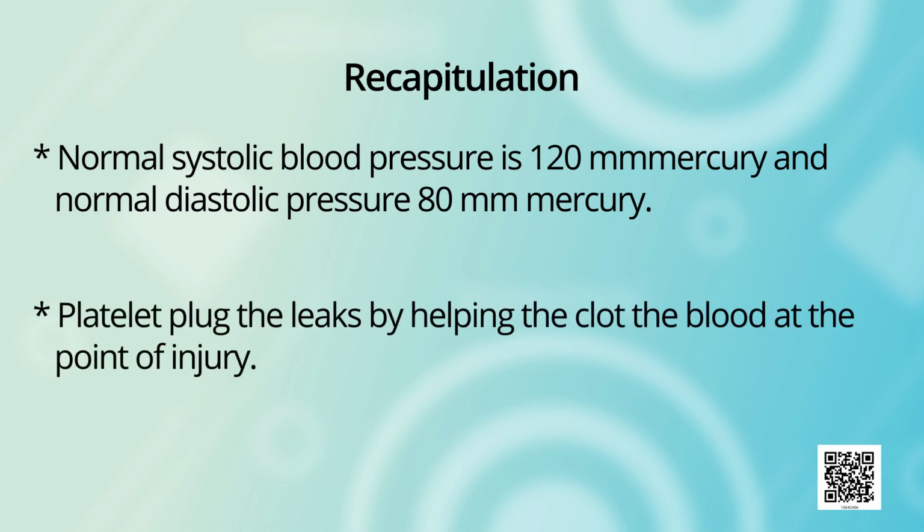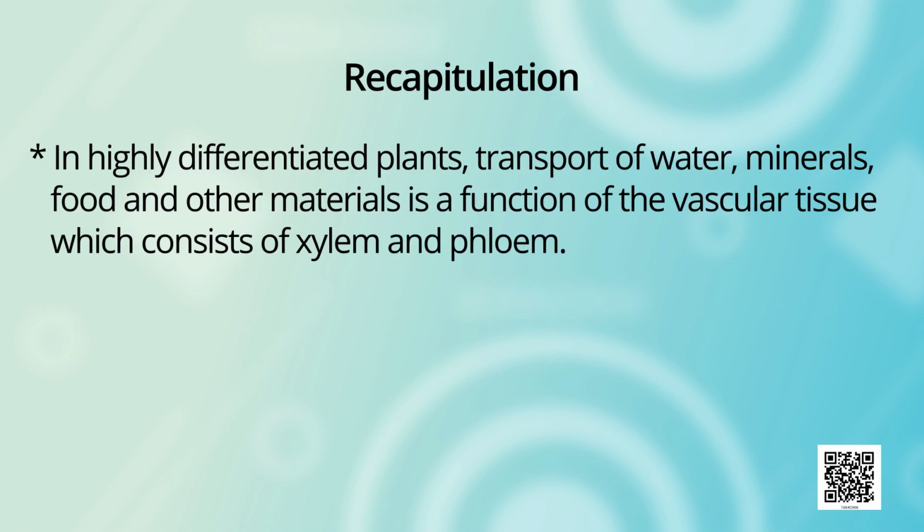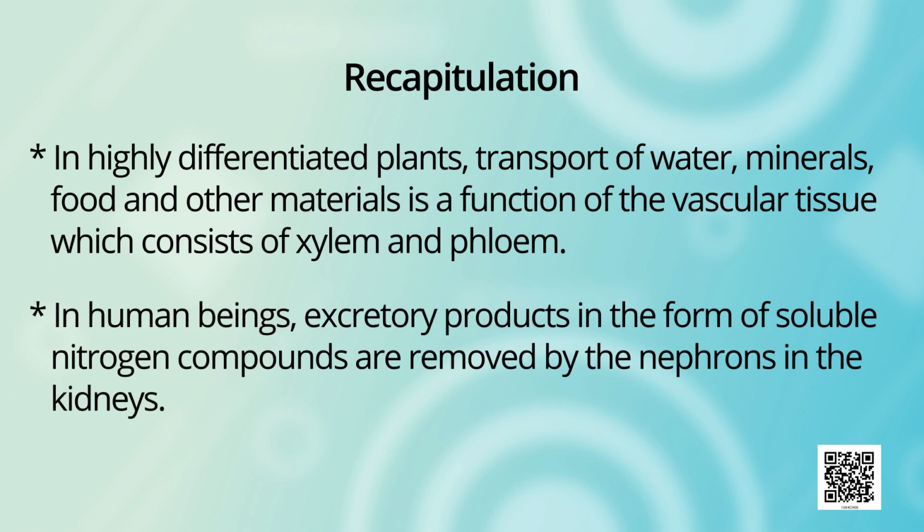Platelets plug the leaks by helping to clot the blood at the point of injury. In highly differentiated plants, transport of water, minerals, food and other materials is a function of the vascular tissue, which consists of xylem and phloem. In human beings, excretory products in the form of soluble nitrogen compounds are removed by the nephrons in the kidneys.